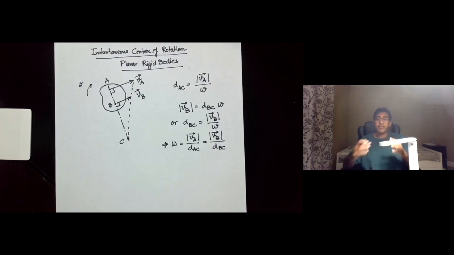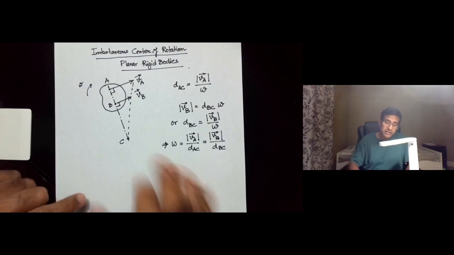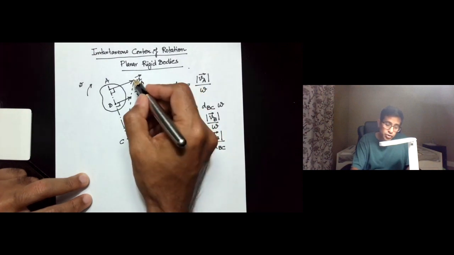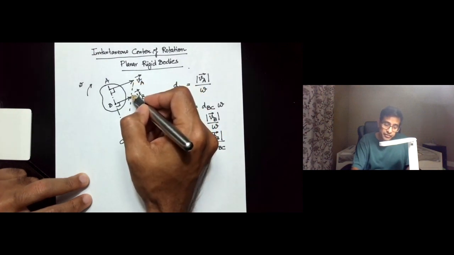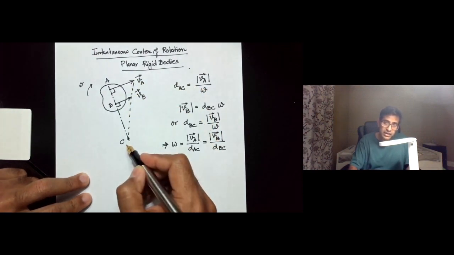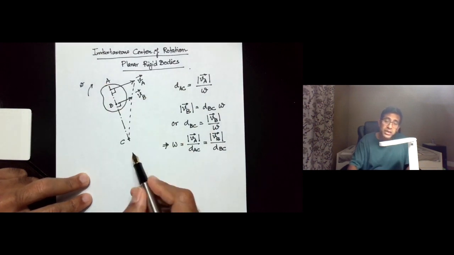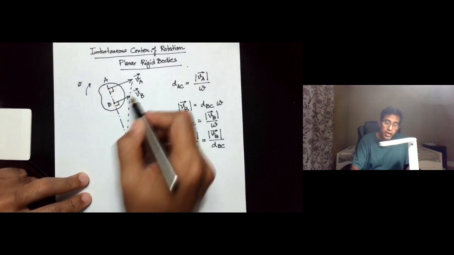So 2 points on a rigid body, when they have parallel velocities but different velocities, it does mean that the rigid body has a rotation, it has an instantaneous center, and the instantaneous center in that case can be found out by joining the tip of the vectors, okay, and extending that line and intersecting that line with the line which is perpendicular to the two velocities.